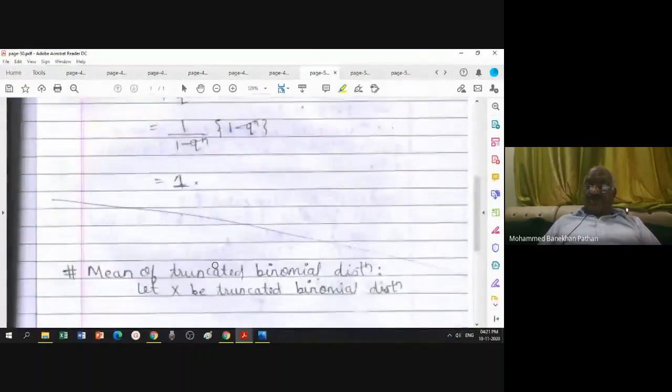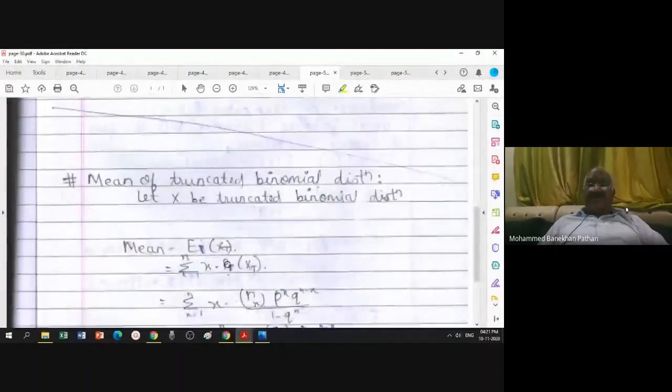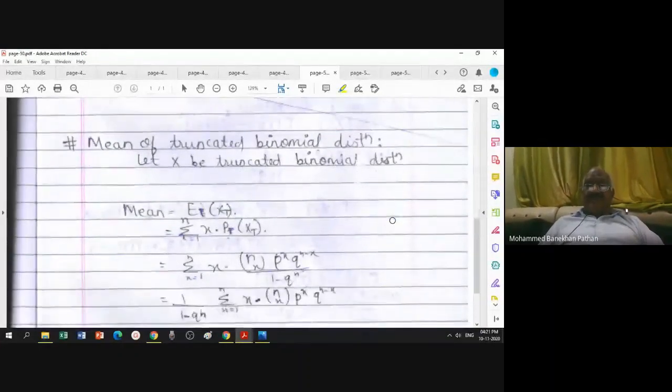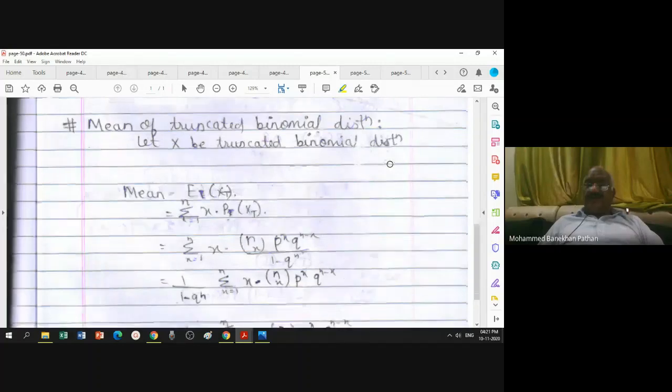Now we'll proceed to get the mean of the truncated binomial distribution today, and then we'll stop. Let X be a truncated binomial random variable.